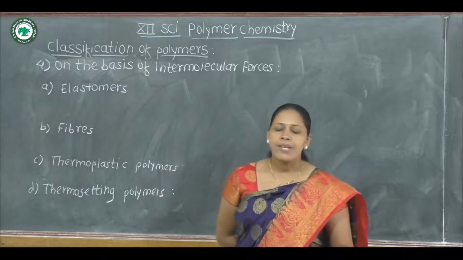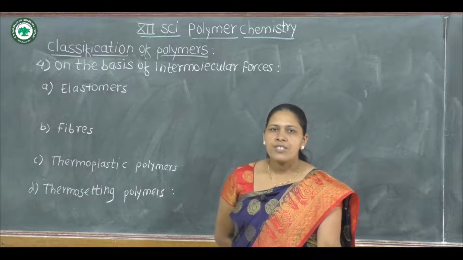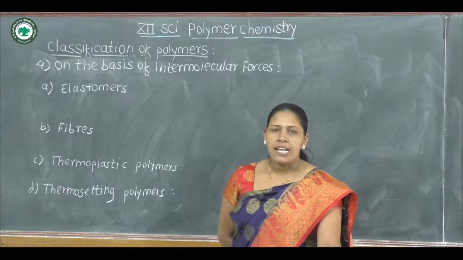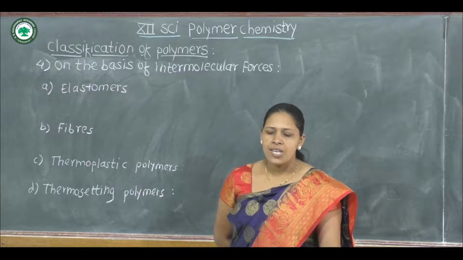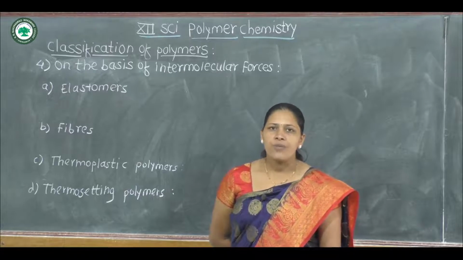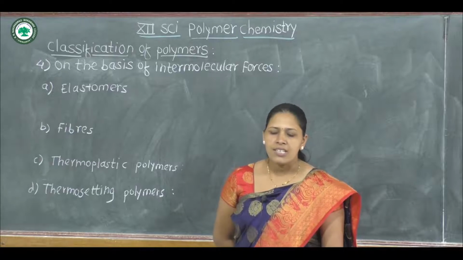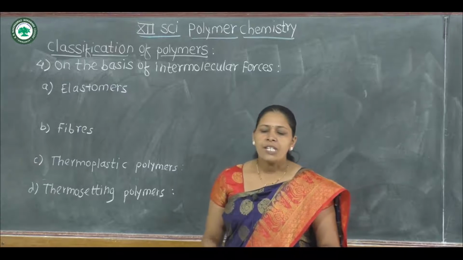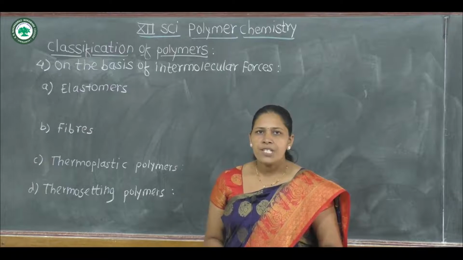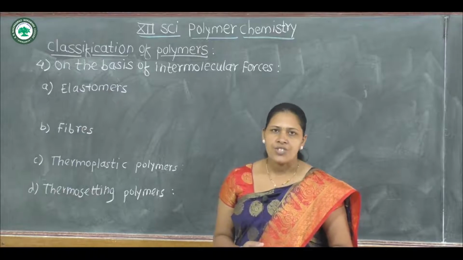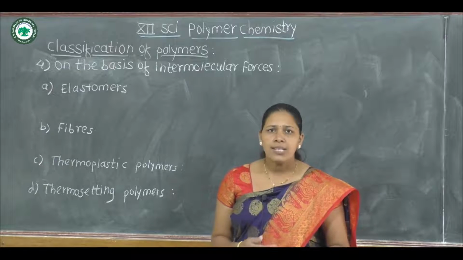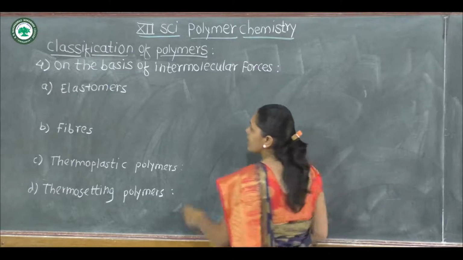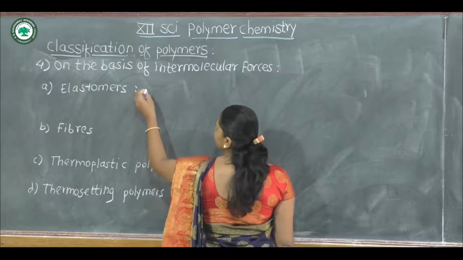Elasticity is the property by which a substance gets stretched by applying external force and restores its original shape on release of that force. Due to weak van der Waals intermolecular forces, the polymer can be stretched. For example, vulcanized rubber, Buna S, Buna N and neoprene are the examples of elastomers.